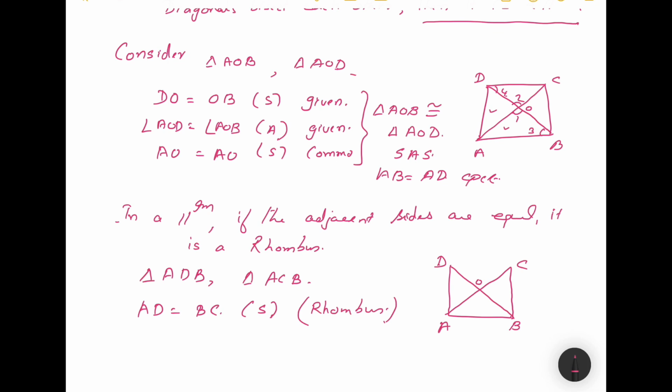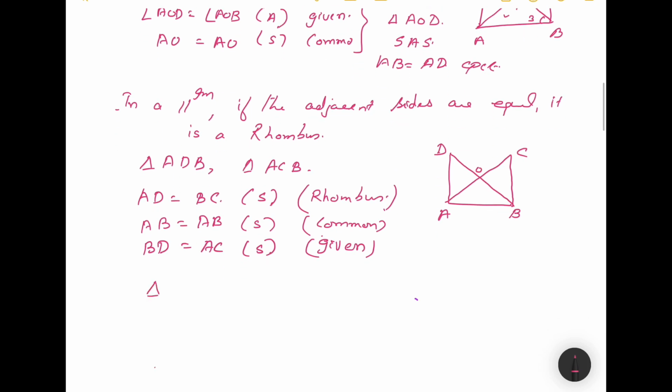And then you have AB equal to AB, common side, and then you have BD equal to AC, given, the diagonals are equal. So with this you can say triangle DAB is congruent to triangle CBA, by SSS.